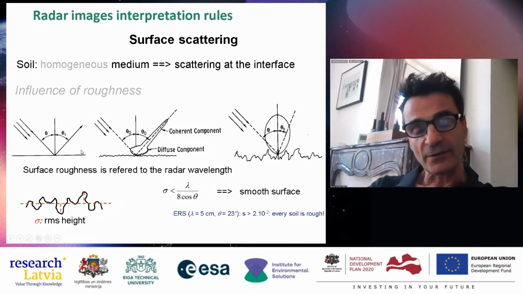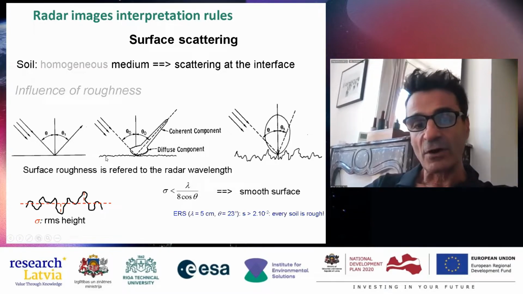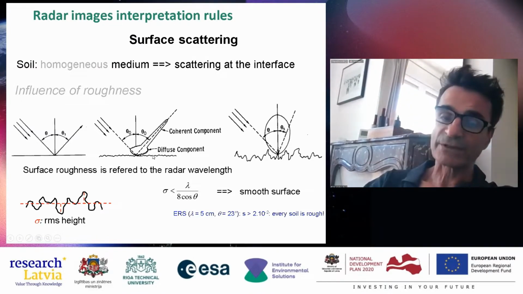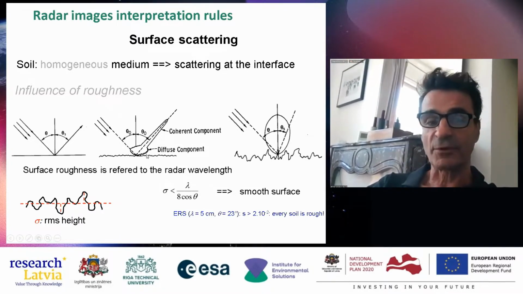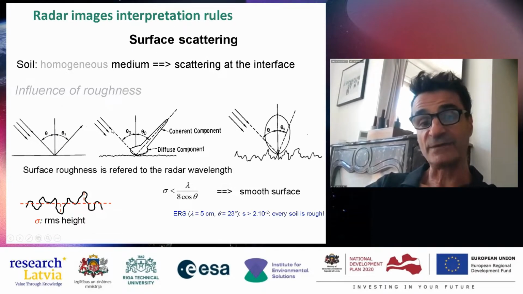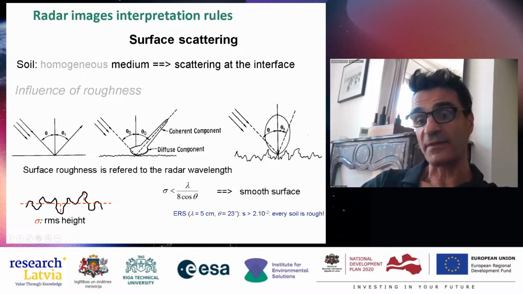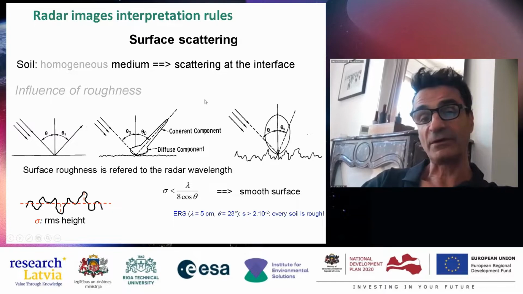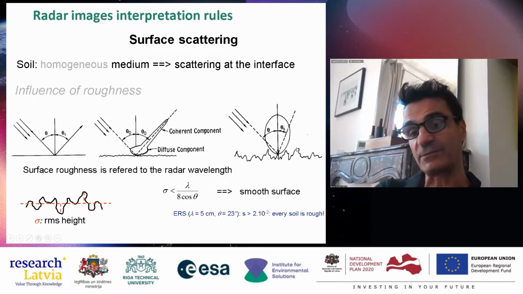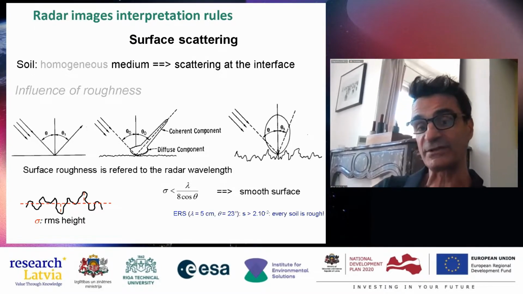If the surface is a little rougher, you will have some facets which will backscatter a small quantity of power back to the antenna, and you see a very small response. And if the surface is very rough, you won't have any coherent components, but you will have as many facets that will radiate in all directions.